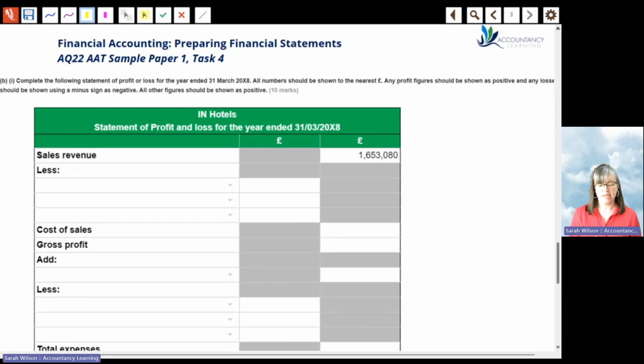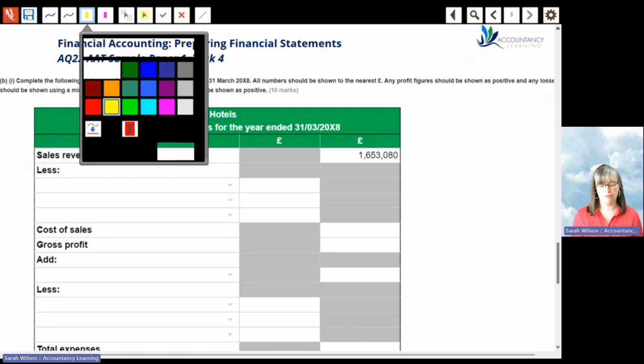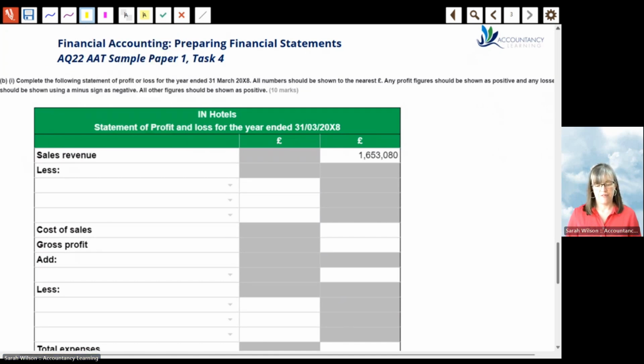So the first part then is to complete the following statement of profit or loss for the year ending the 31st of March 20x8. All numbers should be shown to the nearest pound. Profit should be shown as a positive and losses should be shown using a minus sign as a negative.